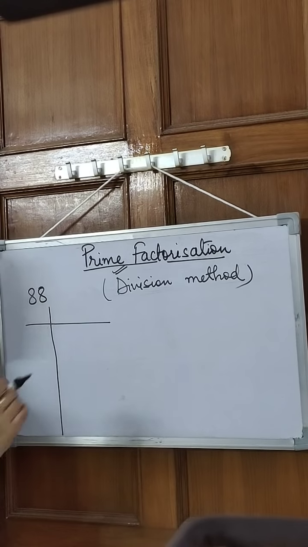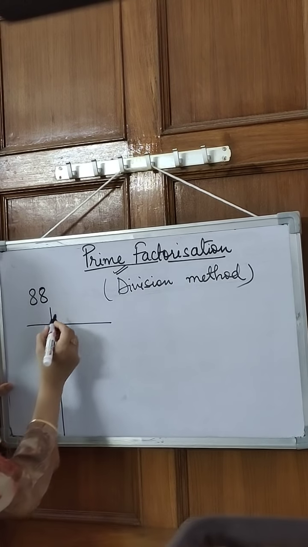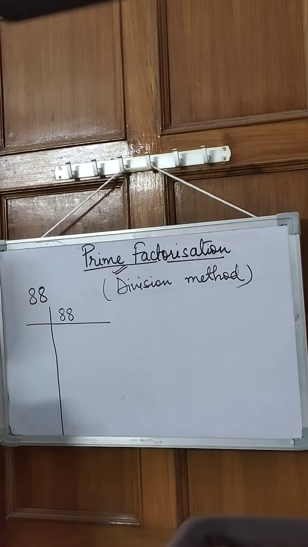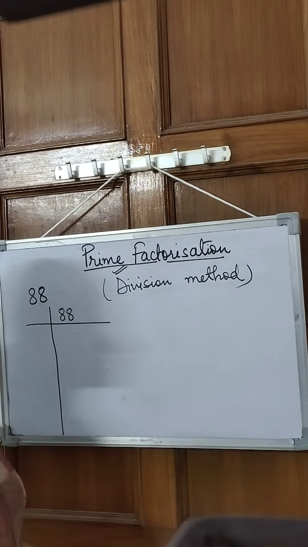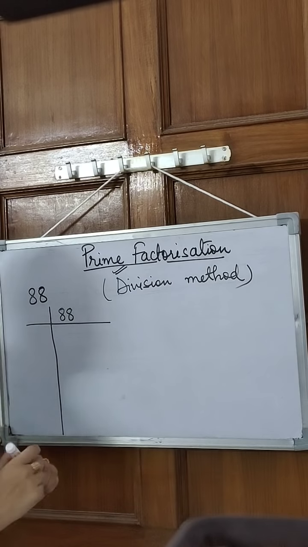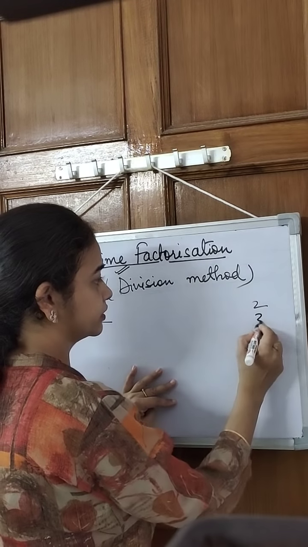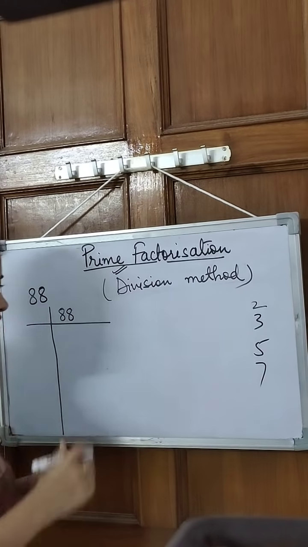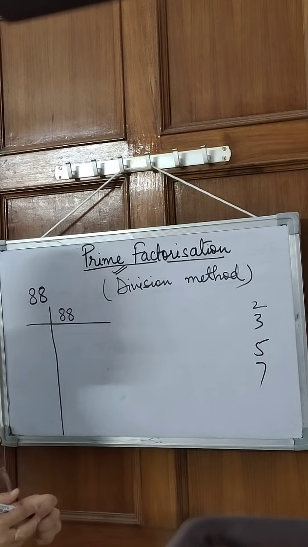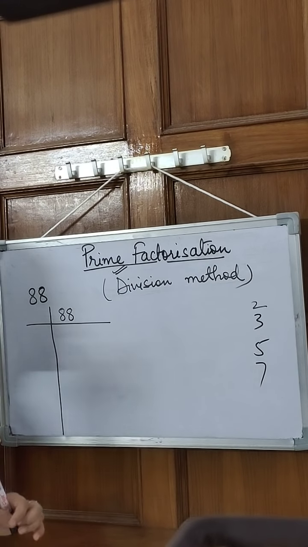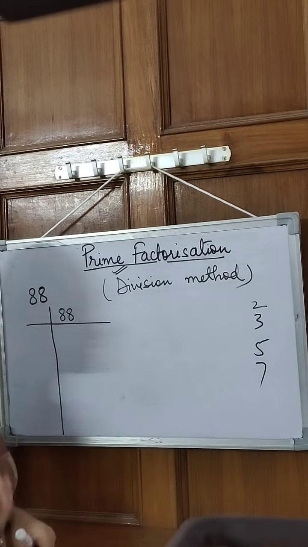What is important is prime numbers only. As 88 is divisible by 8 also, by 4 as well, and by other numbers as well. But I will take only the prime numbers, meaning 2, 3, 5, then 7 and so on. I will check whether 88 is divisible by that number or not, and then we continue.